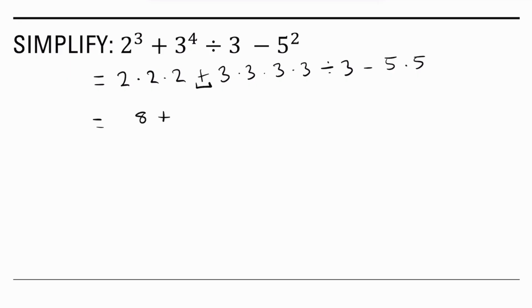And so before we do 3 times 3 times 3 times 3 divided by 3, I want to think, what is 3 divided by 3? And I know this isn't working from left to right, but I think this is an important observation to make. So 3 divided by 3, it's equal to 1.